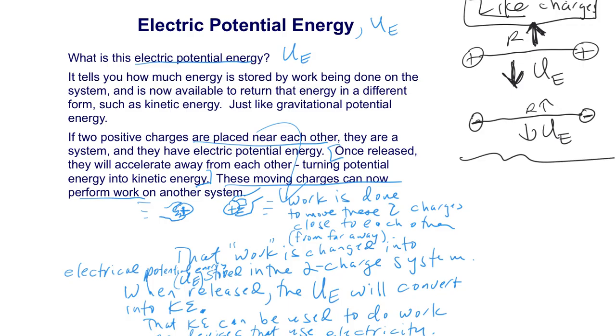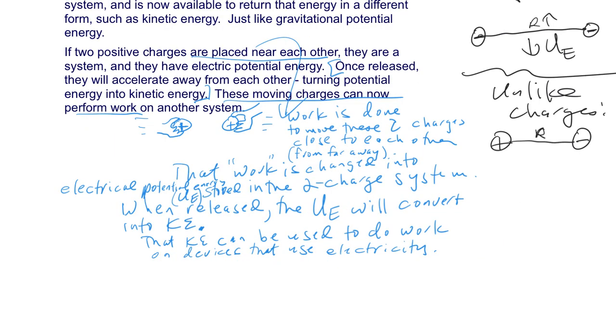In the same way, with unlike charges, if you have a plus and a minus, the closer they are together, when released, the less kinetic energy they'll have when they smack into each other. So the closer they are, the less electrical potential energy they had originally.